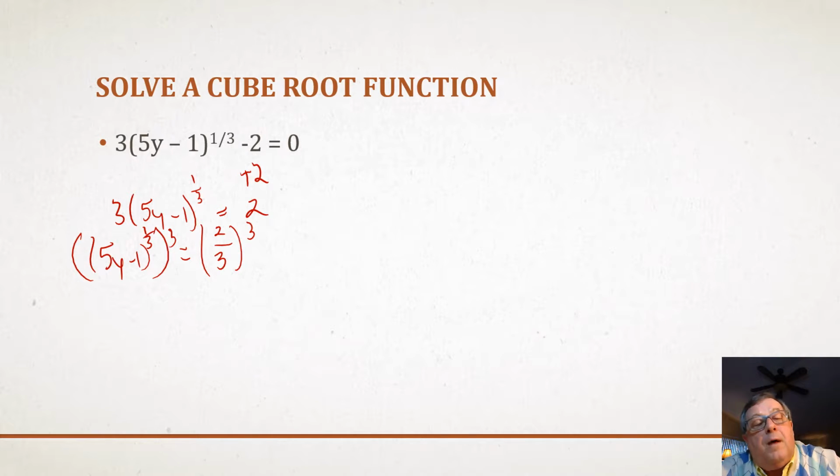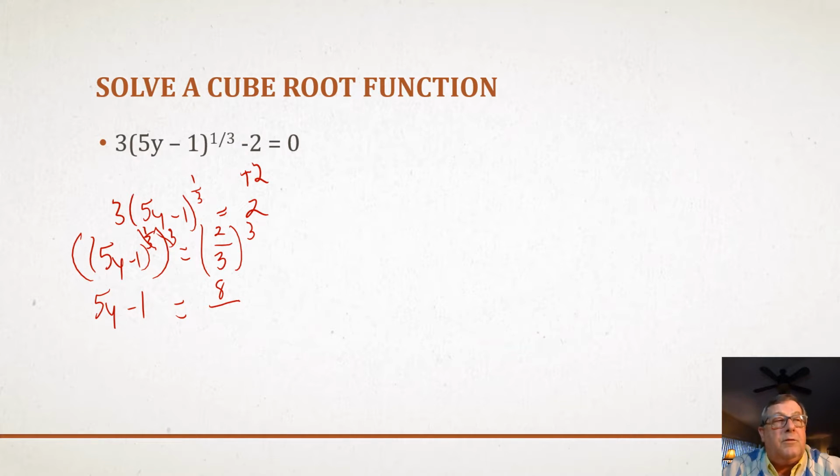All right, well, my cube root and my cube are going to cancel, leaving me with 5y minus 1 equals, let's see, I got to cube 2/3. What's 2 cubed? 2 times 2 times 2 is 8. What's 3 cubed? 3 times 3 times 3 is 27. So now we got 5y minus 1 equals 8/27. And let's add 1 to both sides.